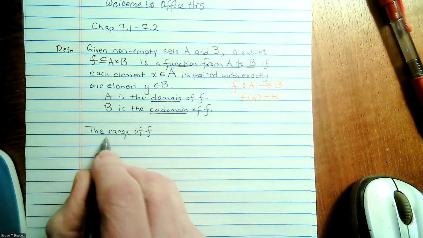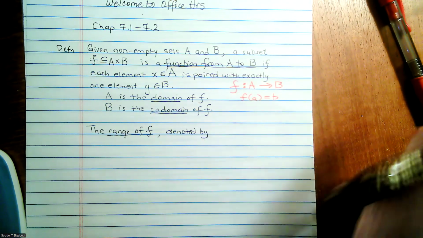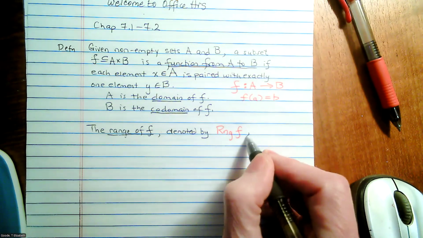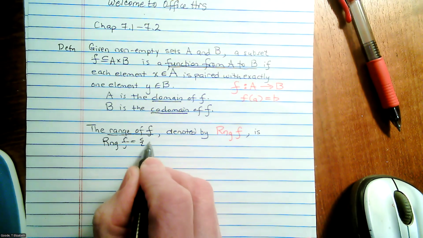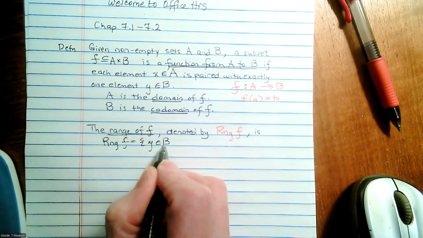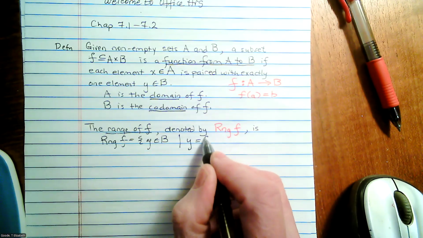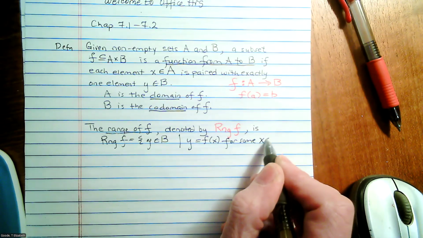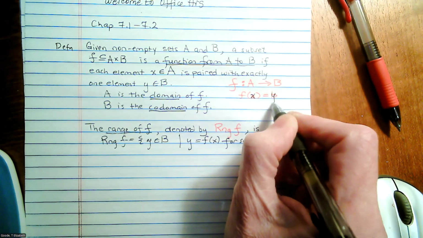And the range of F, denoted by Rng of F, is range of F equals the elements little y in B such that y equals f of x for some x in A. So maybe here I should say f of x equals y. Maybe I should do that.